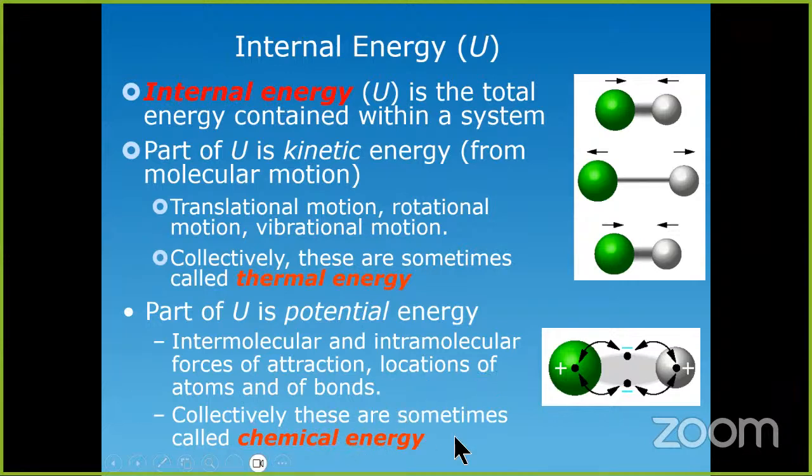So collectively, these energies are called chemical energy, all right? So that's basically what internal energy is, and the fact that part of it is kinetic and the other part is potential.